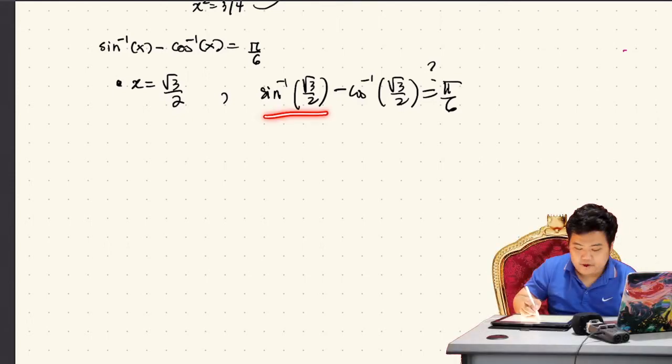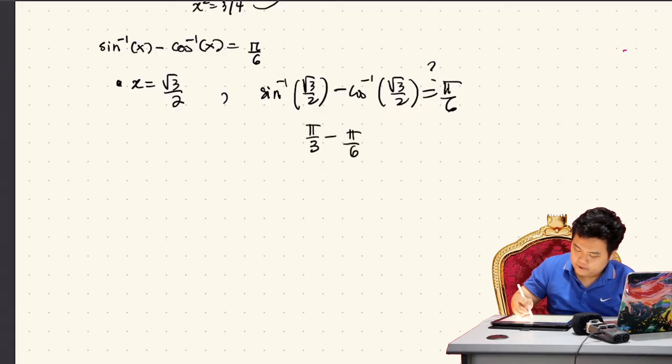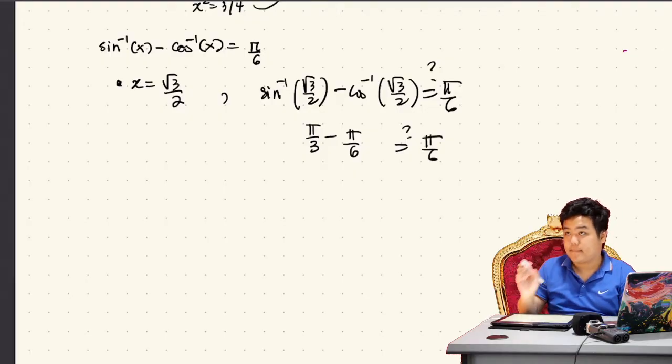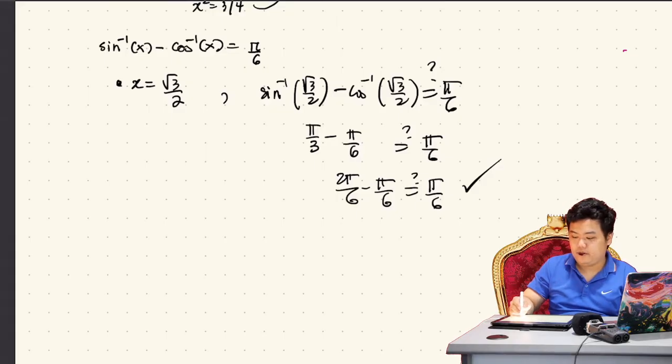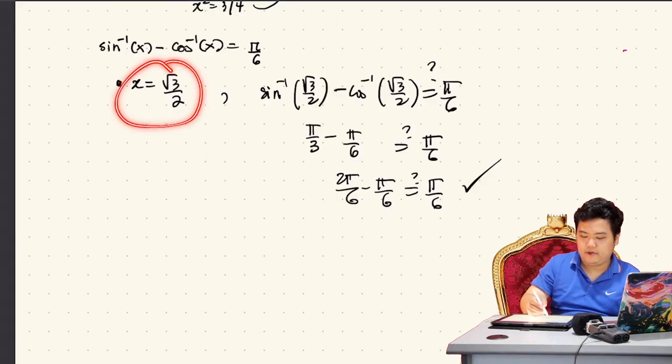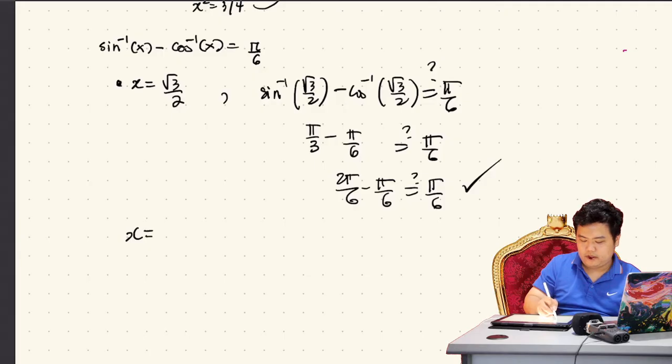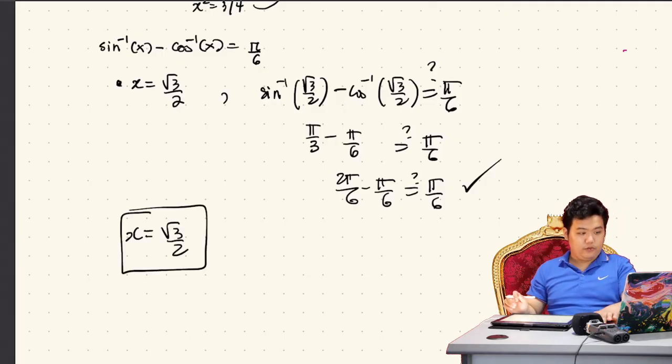This is pi over 3. This is pi over 6. Are these equal? So, 2 pi over 6 minus pi over 6, is it equal to pi over 6? Yes. So, ibig sabihin, ang solution lang natin is x equal to square root of 3 over 2. Ang ating lone solution.